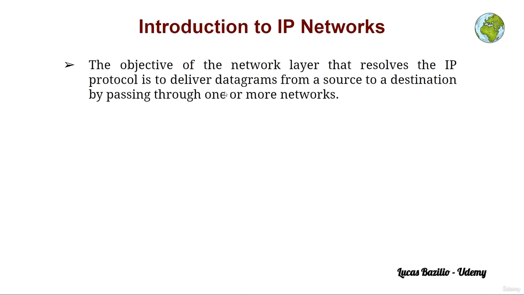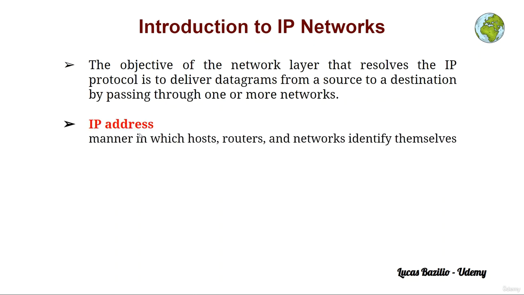The objective of the network layer, which resolves the IP protocol, is to deliver datagrams from a source host to a destination host by passing through one or more networks. As a consequence of this, two matters of interest are generated.